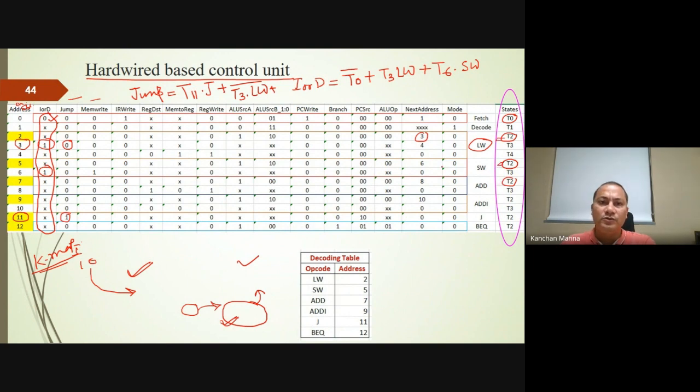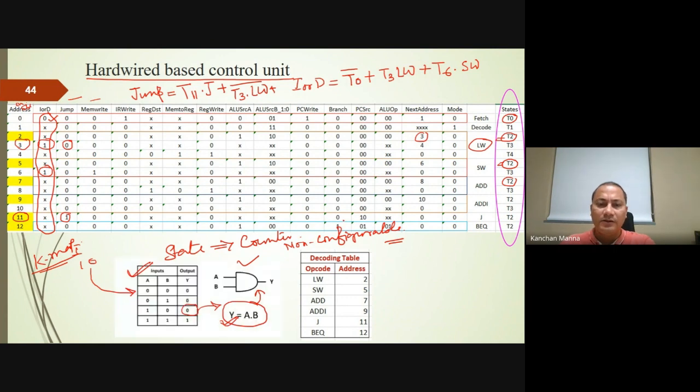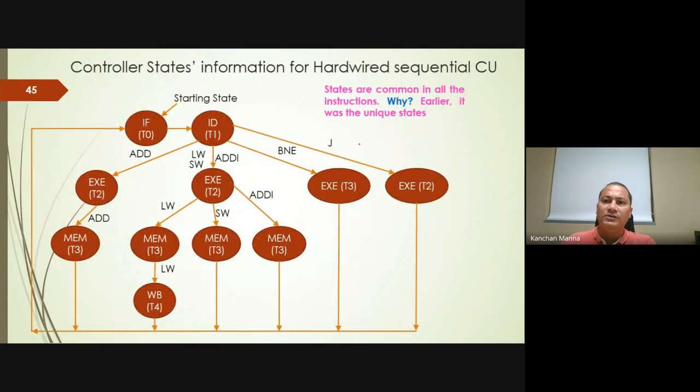Because we will generate the state using a counter, and that counter is not reconfigurable, meaning that we cannot load a new value into the counter. So this state would be generated using the counter, and the counter would be non-configurable. We will see that in detail.